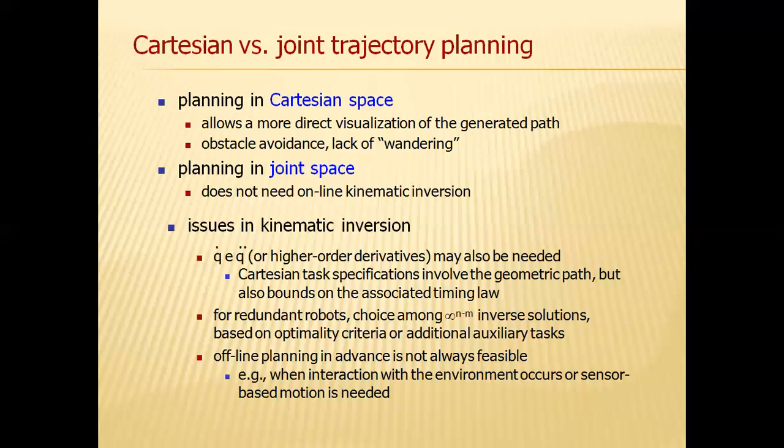Cartesian task specifications give the geometrical path, that is x, y, z movements or particular values related to the geometrical path, but also bounds on the associated timing, and for redundant robots, the choice among the inversion solutions, offline positions and online positions, and even loading conditions will be a basic phenomenon in the case of joint trajectory when compared to Cartesian trajectory.